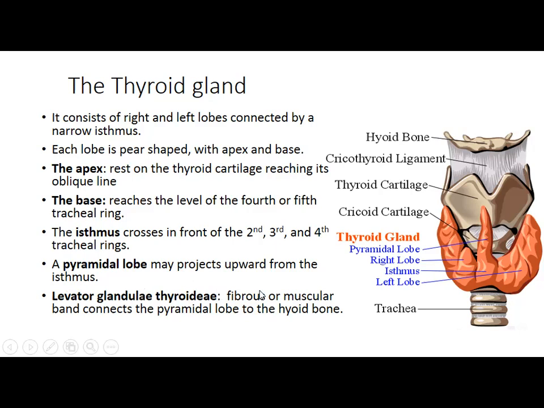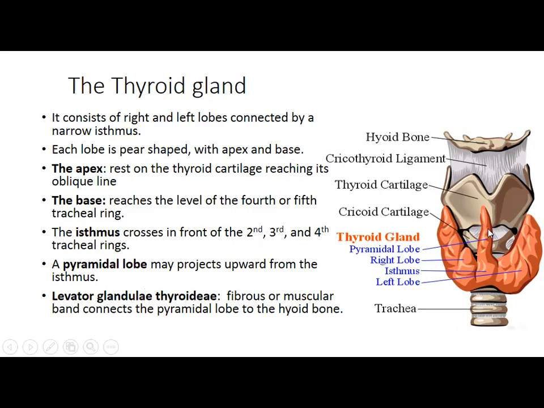Levator glandulae thyroideae is a fibrous or muscular band connecting the pyramidal lobe to the hyoid bone. If you see here, this is the hyoid bone. So this hyoid bone is connected to the pyramidal lobe by a band, not shown here. Usually it is a fibromuscular band called the levator glandulae thyroideae. This is an important connection because whenever the hyoid moves, the thyroid gland also moves.